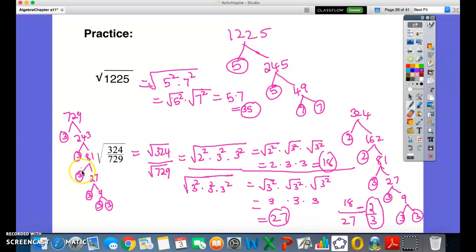So this will be 3 squared, another 3 squared, and another 3 squared. Because of the product property, I can rewrite this as the square root of 3 squared times the square root of 3 squared times the square root of 3 squared, which is 3 times 3 times 3, so 27. So we get 18 in the numerator and 27 in the denominator. So this will be 18 over 27, which is 2/3.